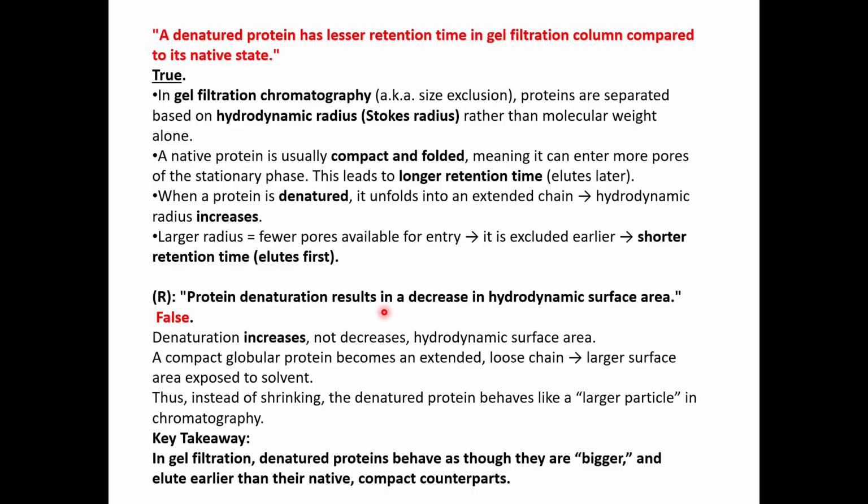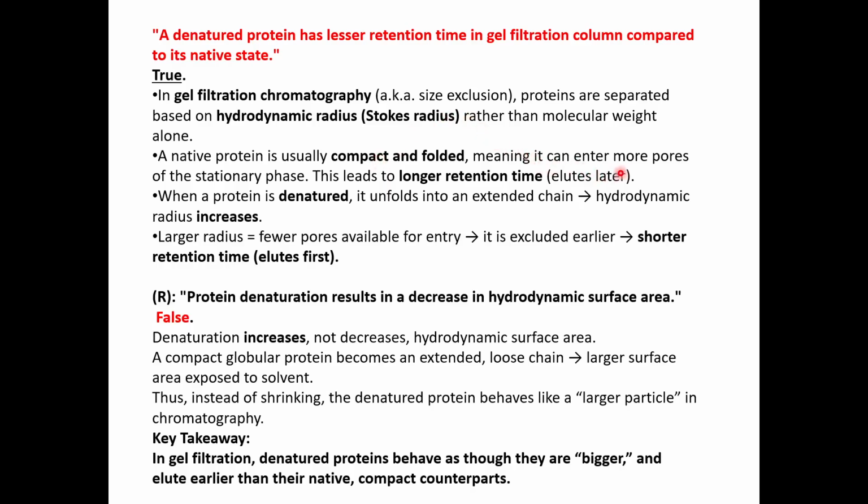Till now we were saying molecular weight, because it's basically implied that if you have a high molecular weight, the size will be more. But the exact principle is hydrodynamic radius. A native protein is usually compact and folded, in its 3D structure or globular form, and it will be very tiny.